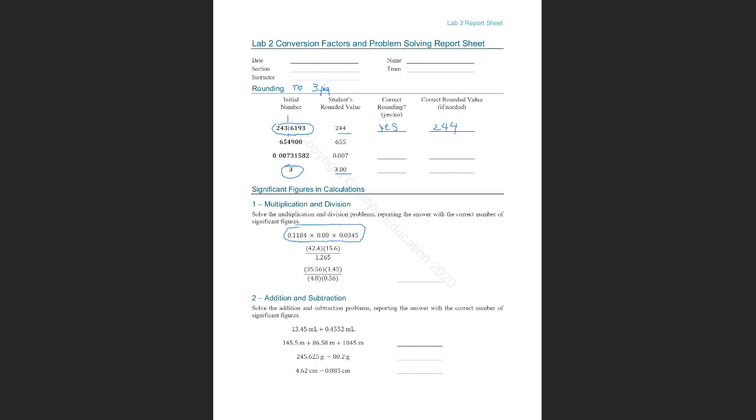So you are going to plug in all those numbers. Why don't we do one just now? If you plug in all those numbers in the calculator, what answer do you have? Just to practice: 0.1184 times 8.00 times 0.0345.